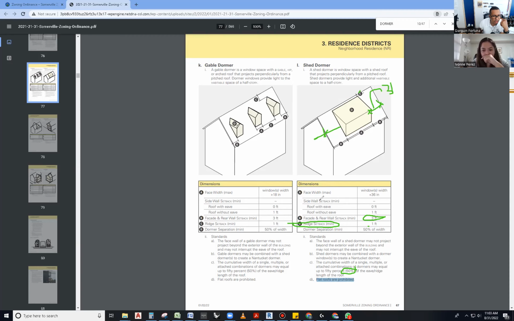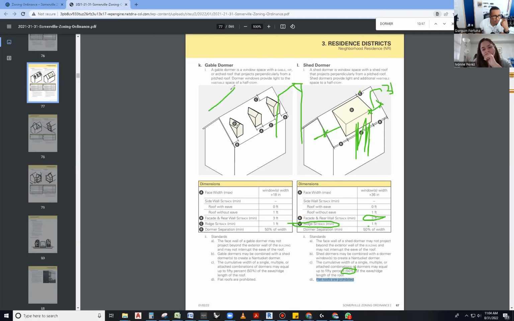So one thing though, the side wall is this wall that we're talking about. It says that if it has an eave, there is a setback of 0. If it doesn't have an eave, there's a setback of 1 foot. So what I mean is that if the house doesn't overhang, then I guess you can go right on it.